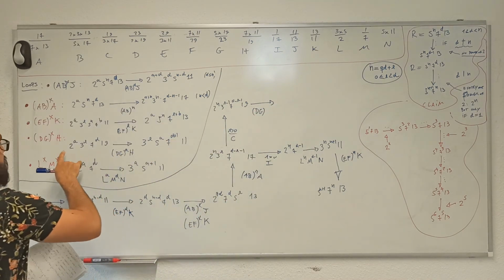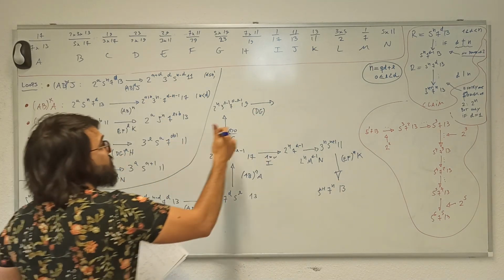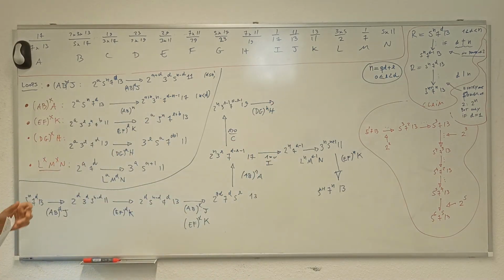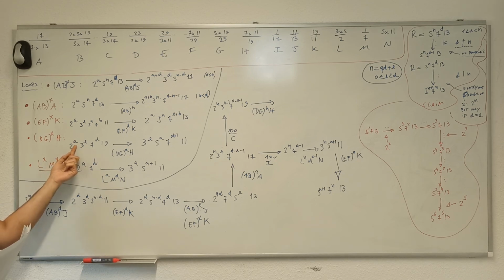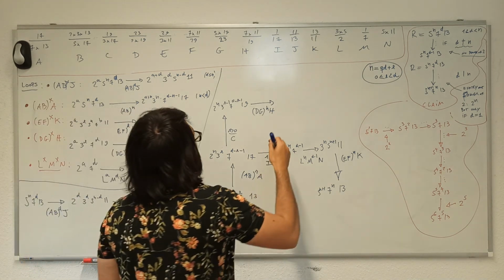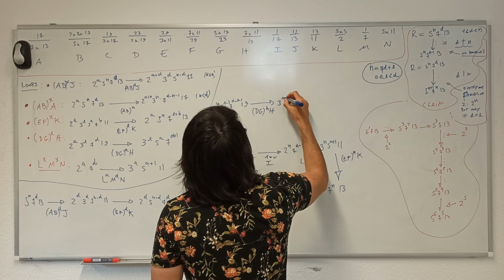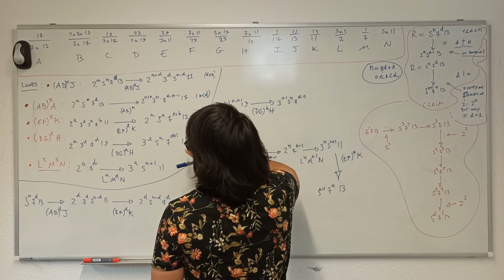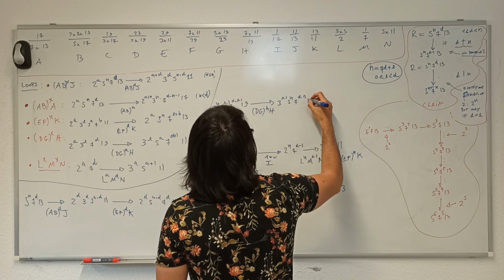How many times? The number power of 2, so n and then an h. And then what it will do is just remove everything there is in 2, put it to 5, and add 7 by 1. So that will be 3 to the R minus 1, 5 to the n, 7 to the d minus R, and it will change the 19 into an 11.